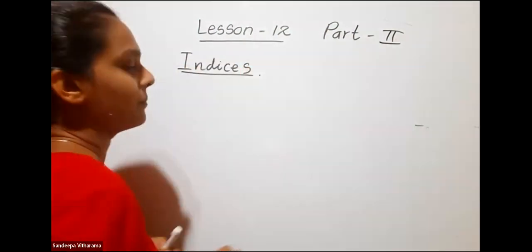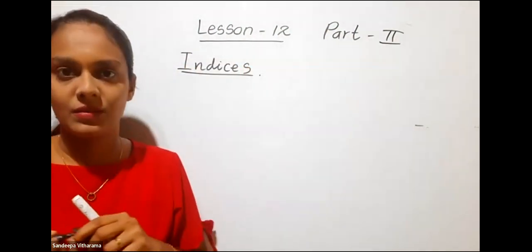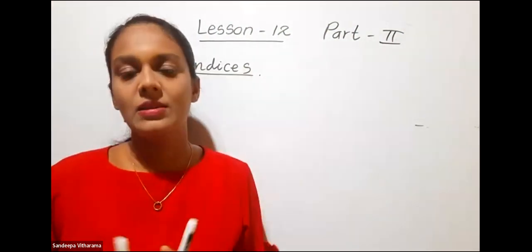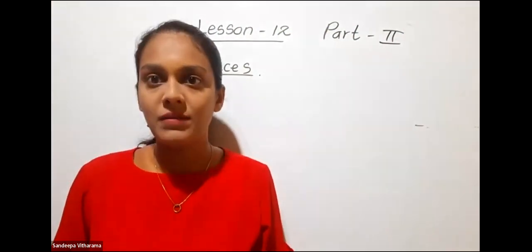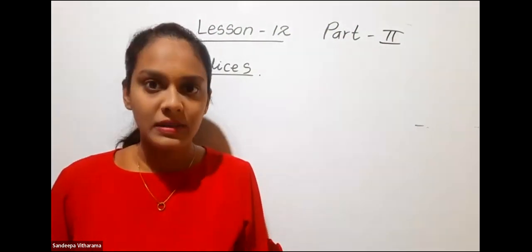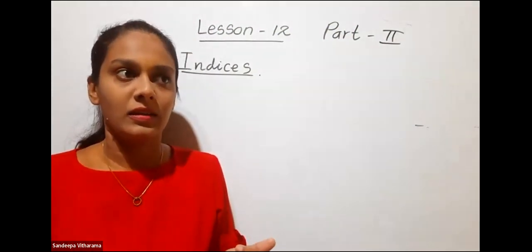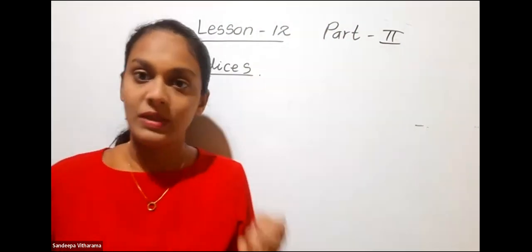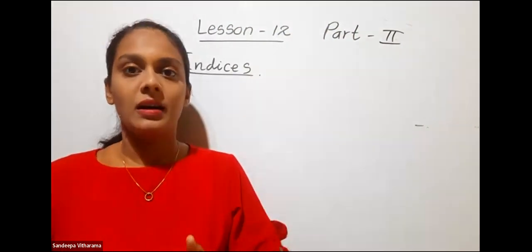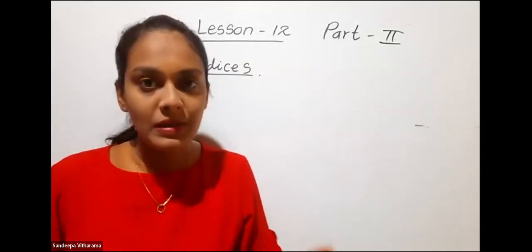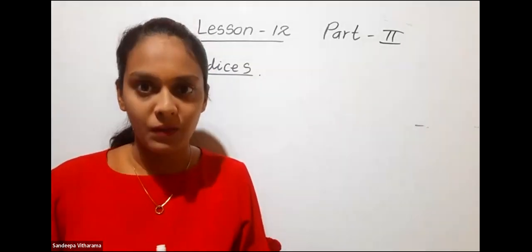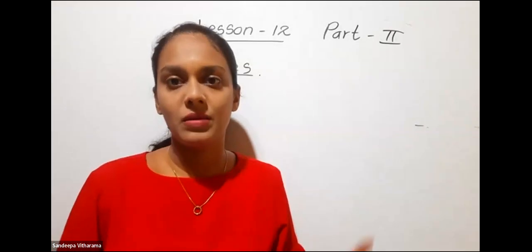Indices. Okay. What are the indices? Under the indices, we are going to discuss the power terms. Power terms are the terms that we have obtained because of expressing repeated multiplication of a number or a term.